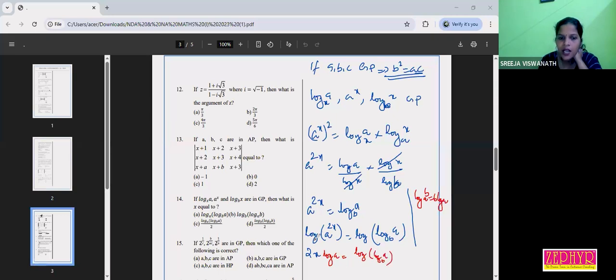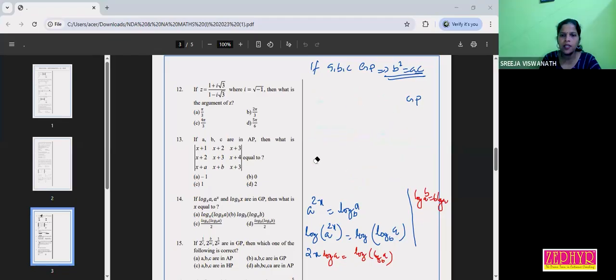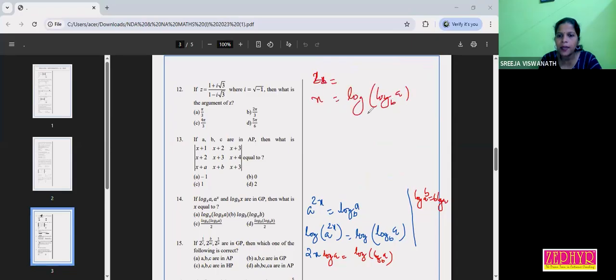Now from here, what is 2x? 1 by log b. Listen, from here, 2x is x is equal to log of log a to the base b by 2 log a.